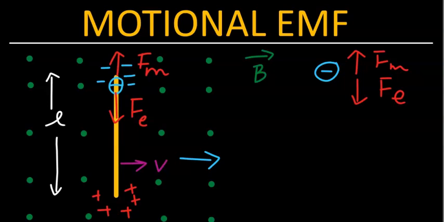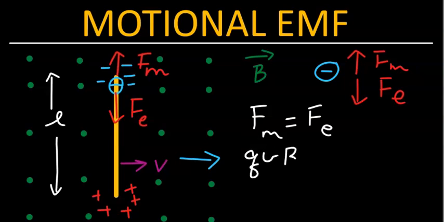So if we equate the two forces, the magnetic force on that negative charge is equal to the electric force on that negative charge. We know the magnitude of the magnetic force is given by QvB, and the magnitude of the electric force is given by Q times the electric field E, where this electric field extends all the way from the bottom end to the top end of that conducting rod, like that.